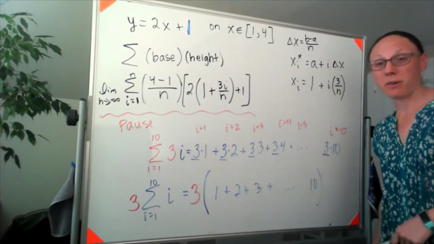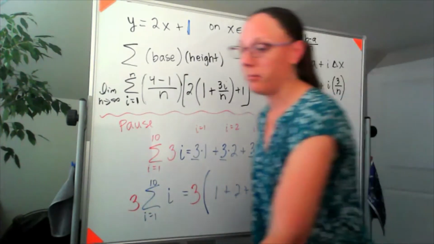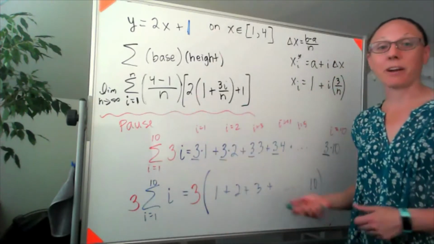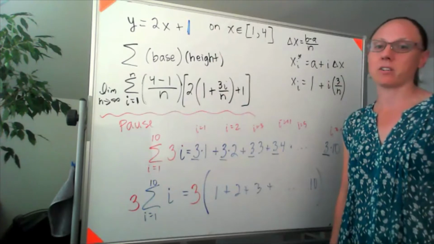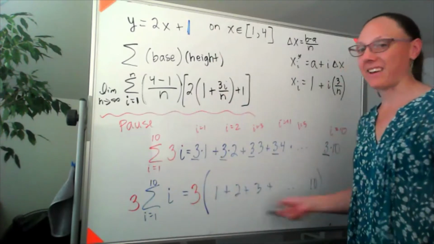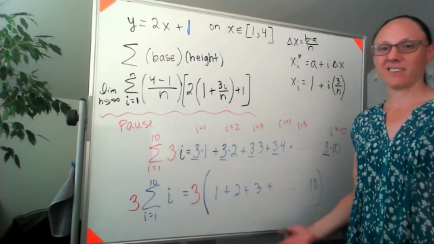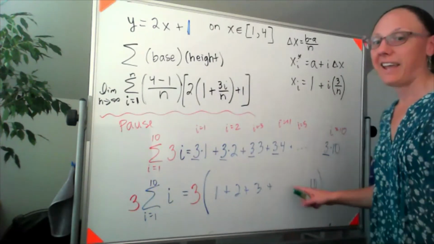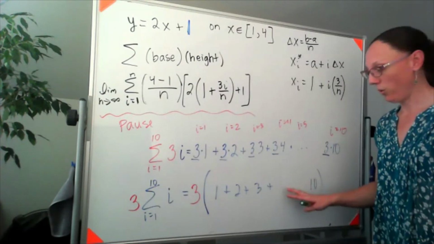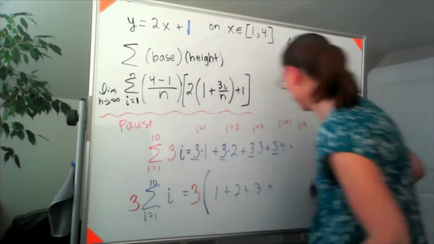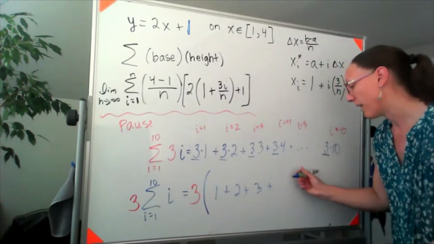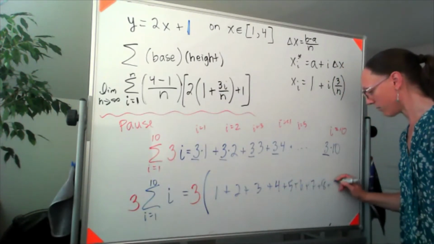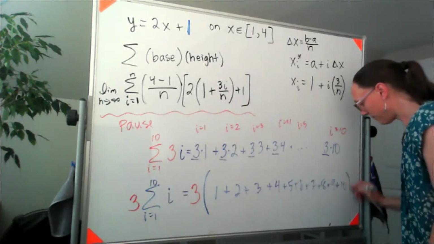Once upon a time, maybe when you were a little kid, someone talked to you about a shortcut for adding up the numbers. We call these consecutive counting numbers, and there's a shortcut for adding them up. It's pretty easy to show on a small sample like this. So I'm going to write out all the terms: plus 4, plus 5, plus 6, plus 7, plus 8, plus 9, plus 10.